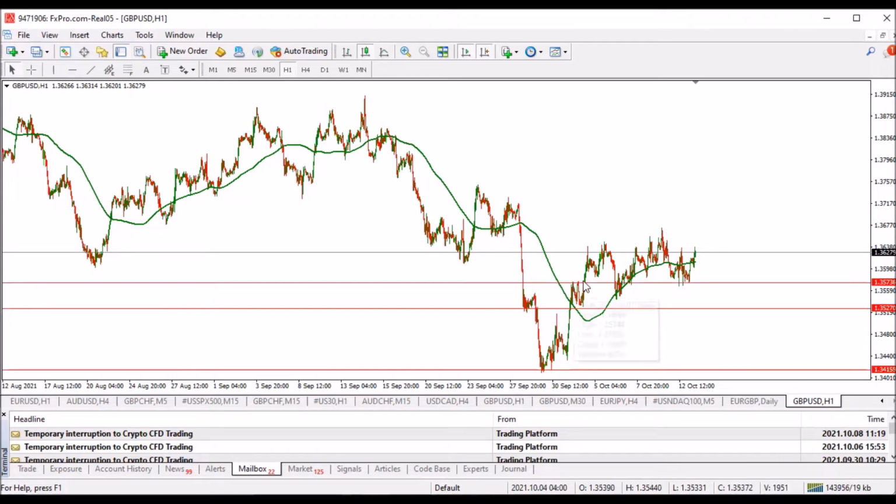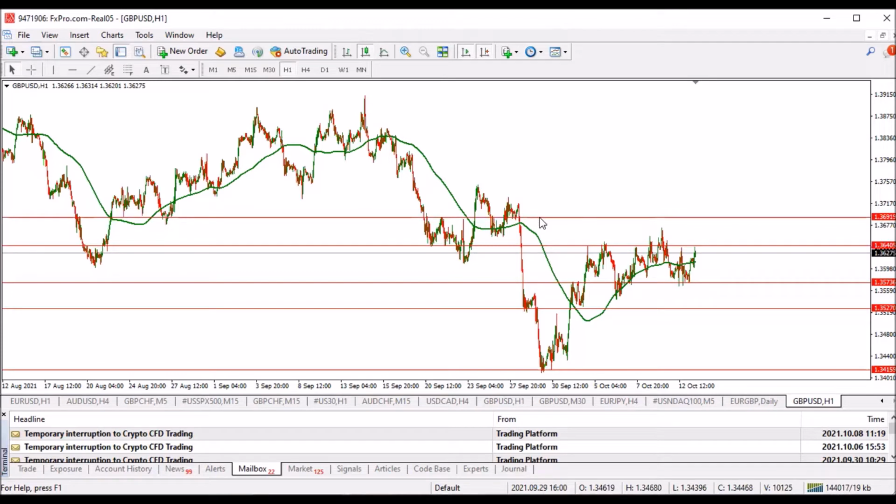You can see it sits here and goes up, sits again and goes up. We do the same thing here: it sits, and we're going to go up. In fact, that's the one I bought today.